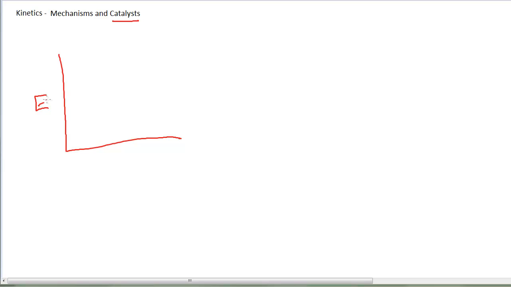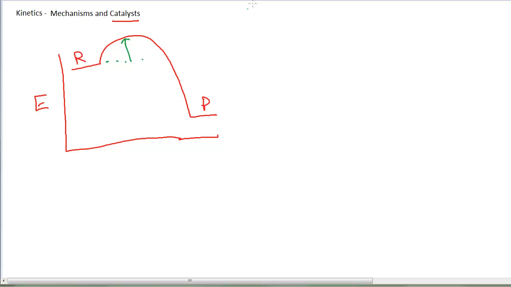If we look at energy versus time on, for example, an exothermic reaction, we have reactants over here. We have an activation energy, which is an input of energy that is required for the reaction to take place. It is defined as the distance or the magnitude from the reactants to the top of the curve, the transition state of the complex.